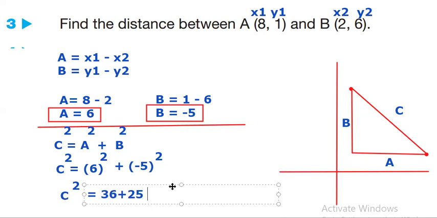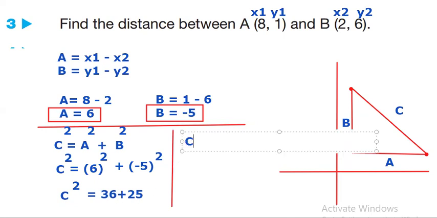Let me put a line so you know the difference between places. So 36 plus 25, so C squared equals, focus on this because we put negative 5 inside brackets. The squaring will give you a positive number. So when you add them, you'll get 61.